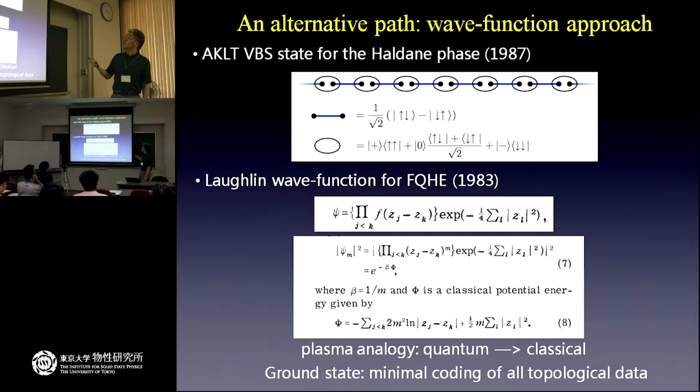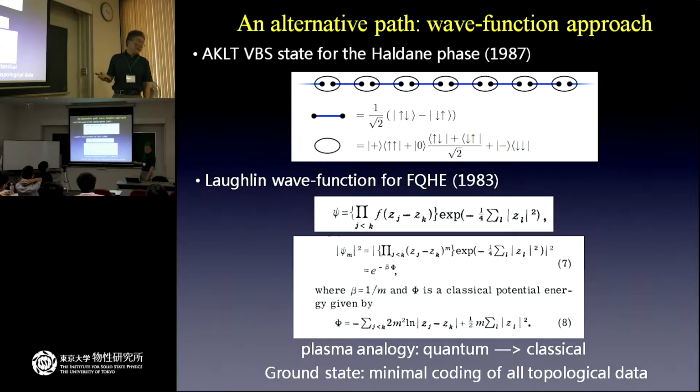Namely, the non-triviality is on the edge of the Haldane chain. There is a spin fractionalization, meaning this spin 1/2 degree of freedom comes out of the spin 1 system. So this is a famous work in one-dimensional systems.